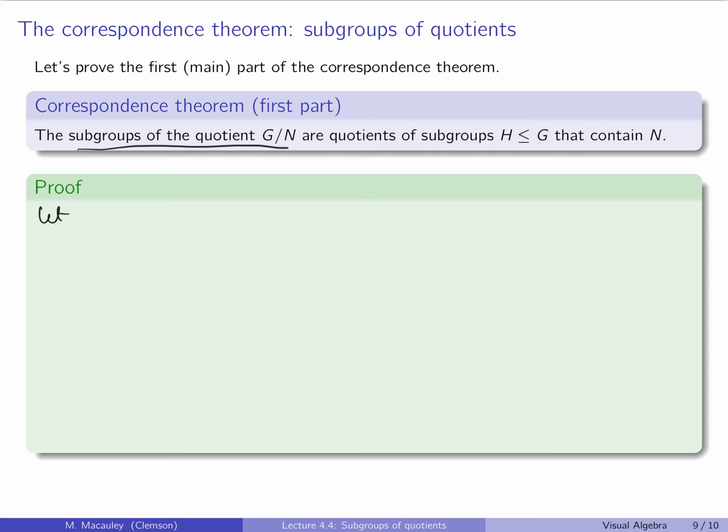So what does it mean for H mod n to be normal in G mod n? Well, that means that if you take any element in H mod n, so let's say hn, and you conjugate it by something in G mod n, so gn times gn inverse, which, by the way, is ghg inverse n, then you remain back in H mod n.